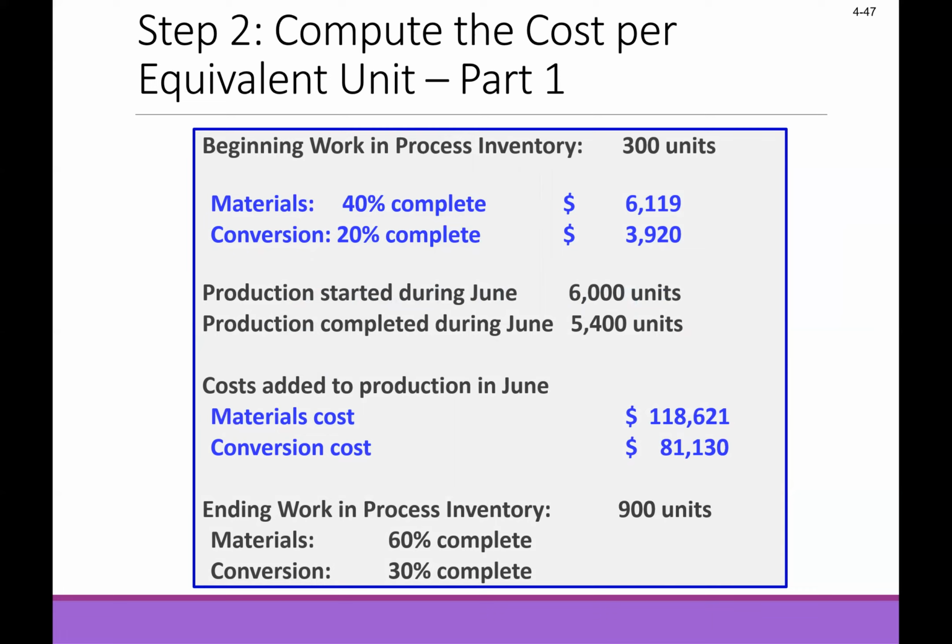It gives us what was started during June and what was completed during June. So we add our material costs and our conversion costs in June. And then we know what's still on hand in work in process at the end of June.